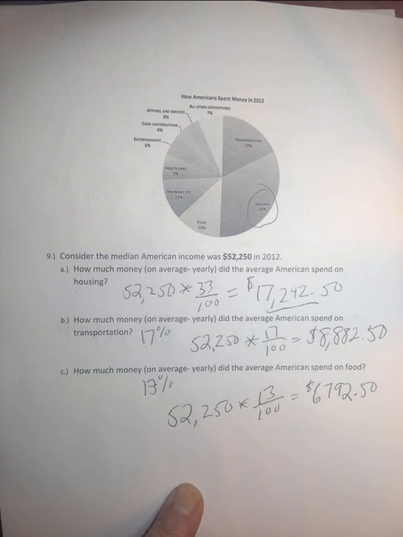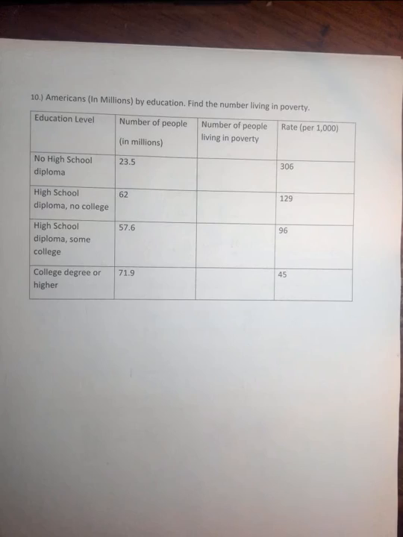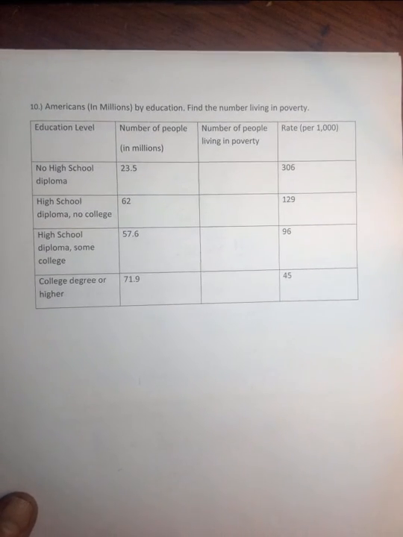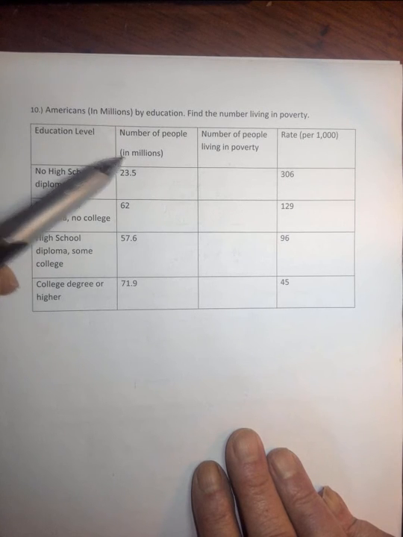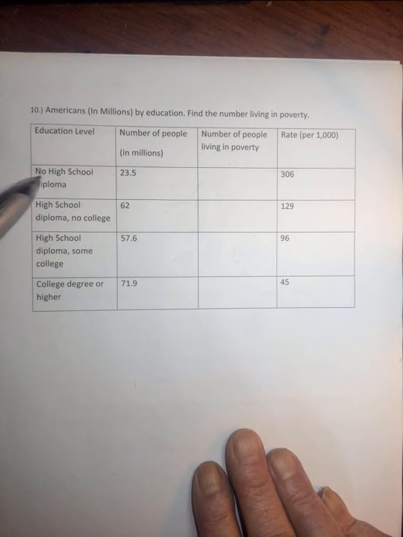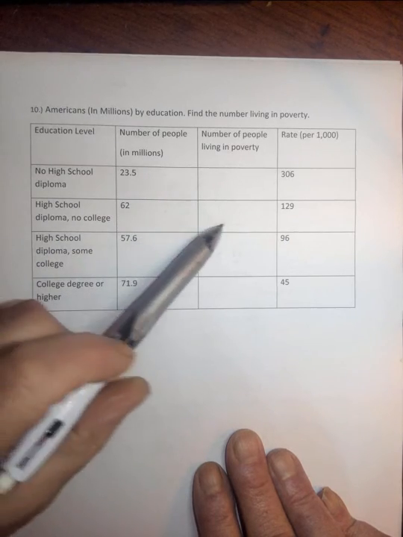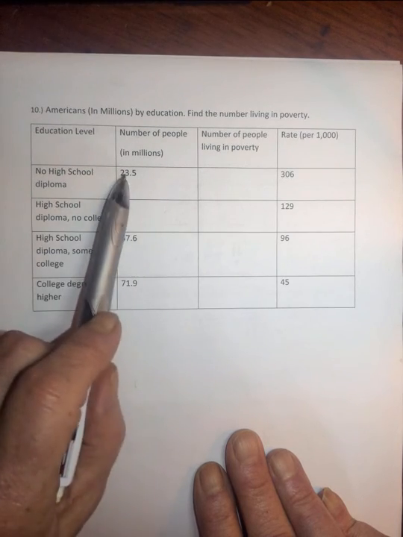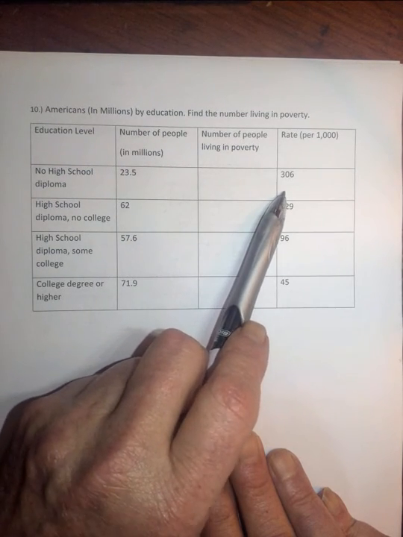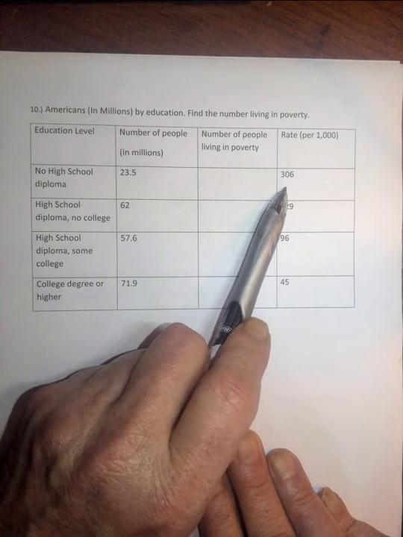All right, now to the last one. So this is a little bit different because these are the number of people in millions that have no high school diploma, or they have this or this. And we're trying to find the number of these people living in poverty, and I'm given a poverty rate.